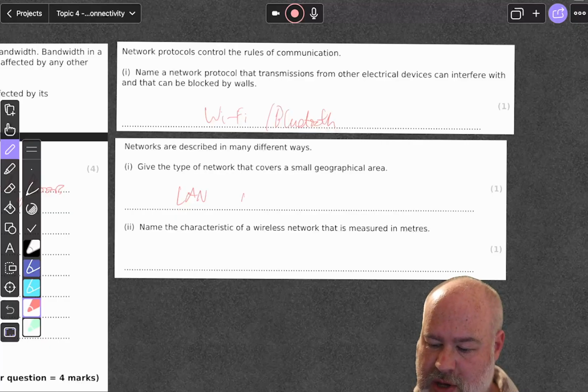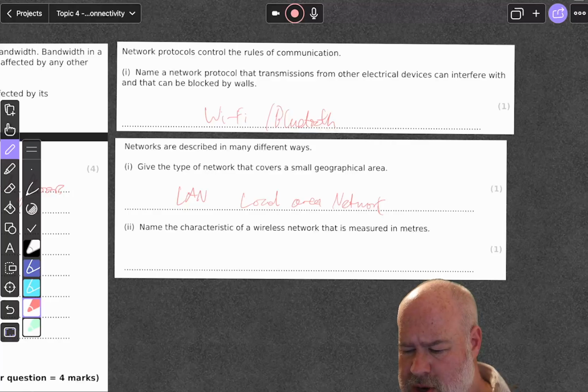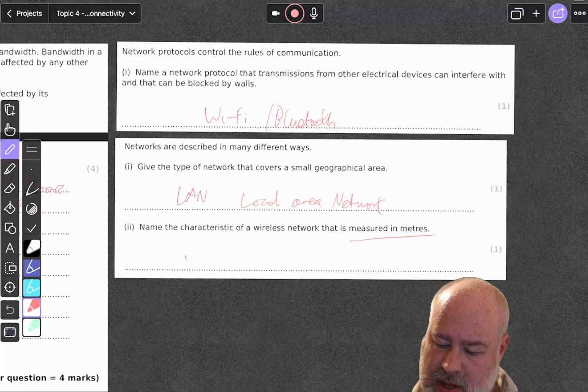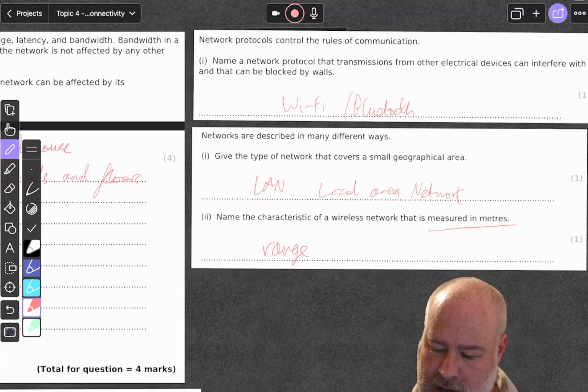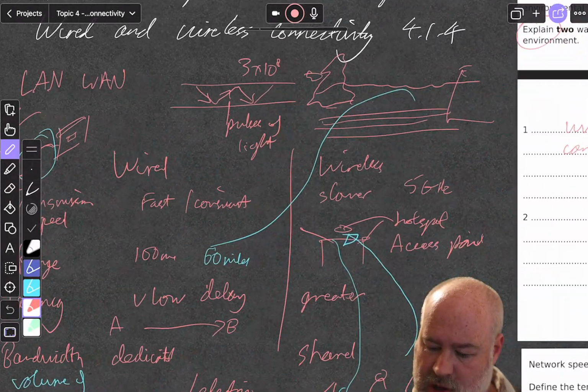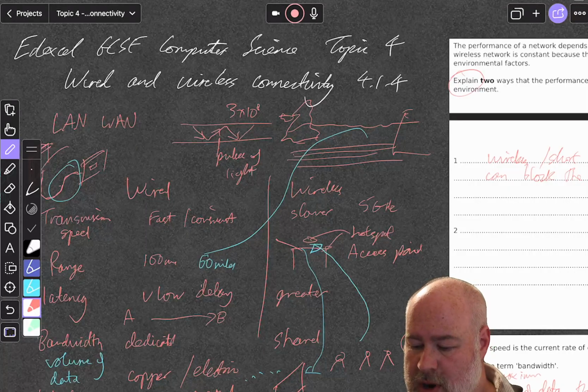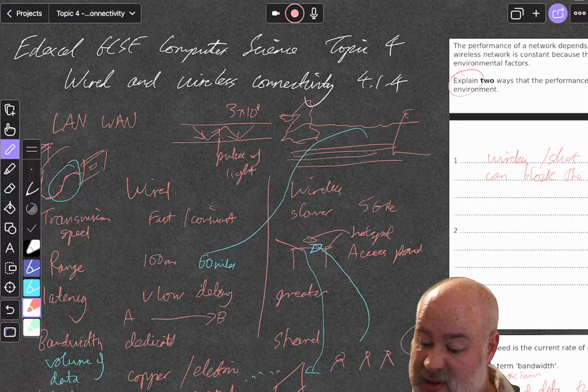With this kind of question, I would be tempted to actually write it out, just to be safe. Name the characteristic of a wireless network that is measured. Well, the only thing that can be measured in meters is the range, isn't it? That's one of the things we talked about, the range. So wired connections could be like 100 meters, for example, copper wire, but fiber optic could be 60 miles.